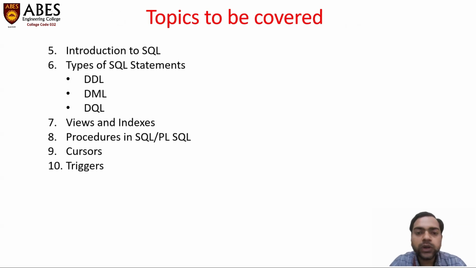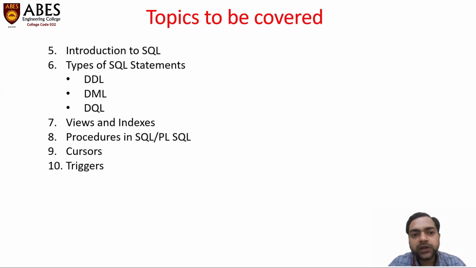After this, we'll move to the practical implementation of the relational model, which is done by SQL, the Structured Query Language. First of all, we'll understand what the need of SQL is, what terms are used in SQL, and what software is used by SQL. After that, we'll discuss the different SQL statements.